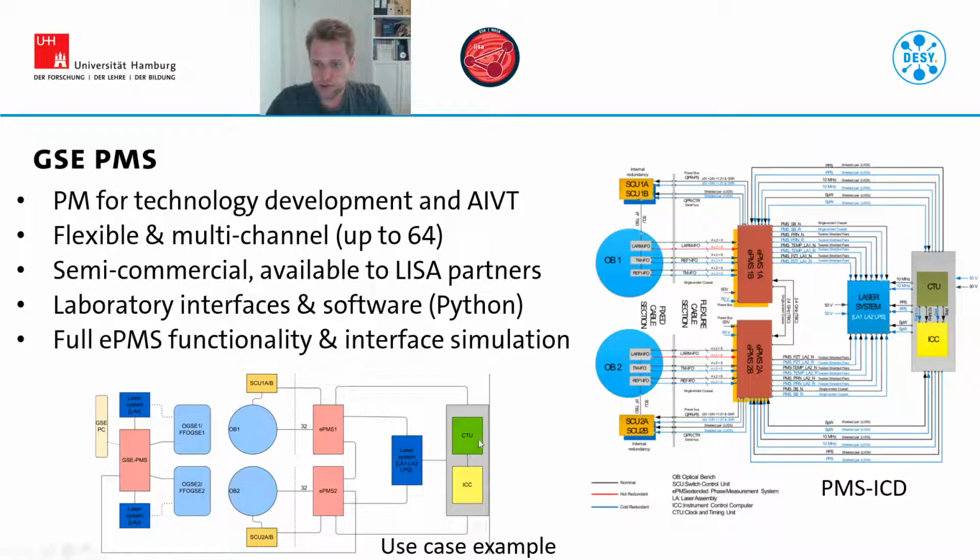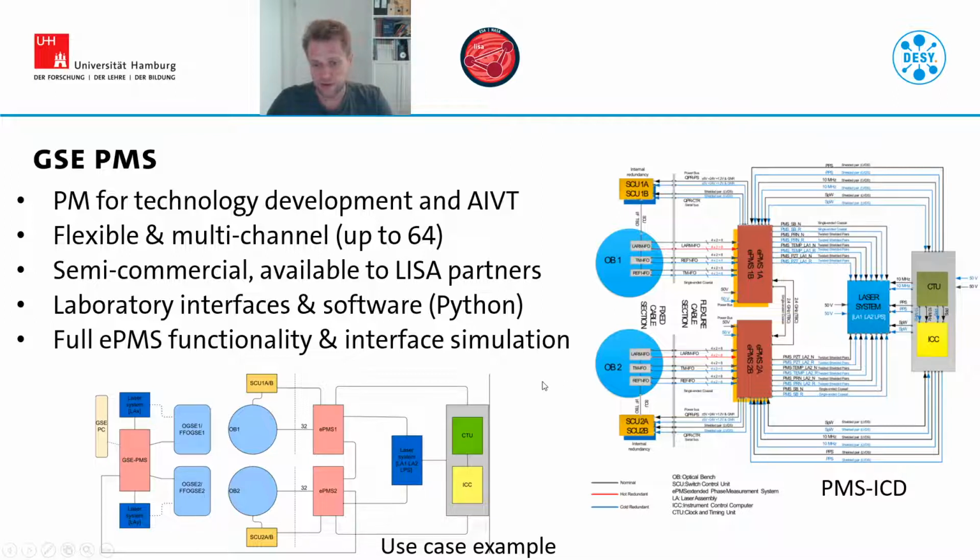I brought you here two diagrams. Here on the right, you see the interface control document overview of the EPMS. So here you see all of the electrical interfaces it has to all of the surrounding components, like the optical bench, the laser, the computer, and the power switching unit for the photodiodes. What you could do, for example, is test this together with something that talks to the optical benches, like an OGSE or far-field OGSE, and all of this could be controlled by a GSE PMS, and that could even be synchronized to one of the EPMS Phasemeters used in here.